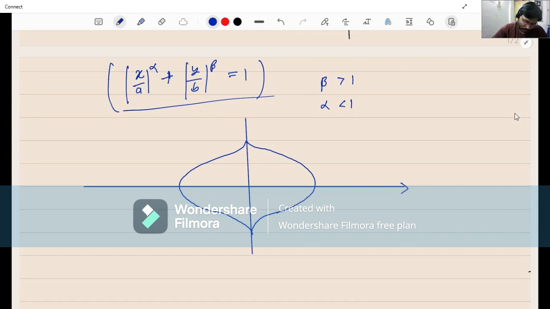This is the x-axis and this is the y-axis. This is A and this is B. So this curve looks like this.